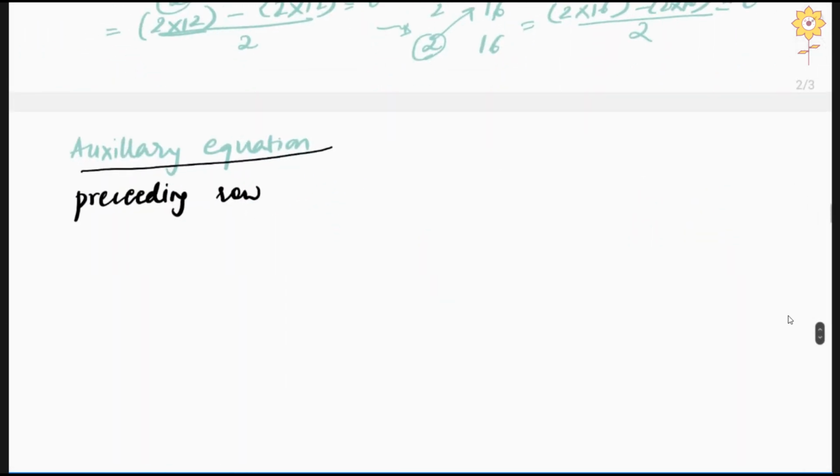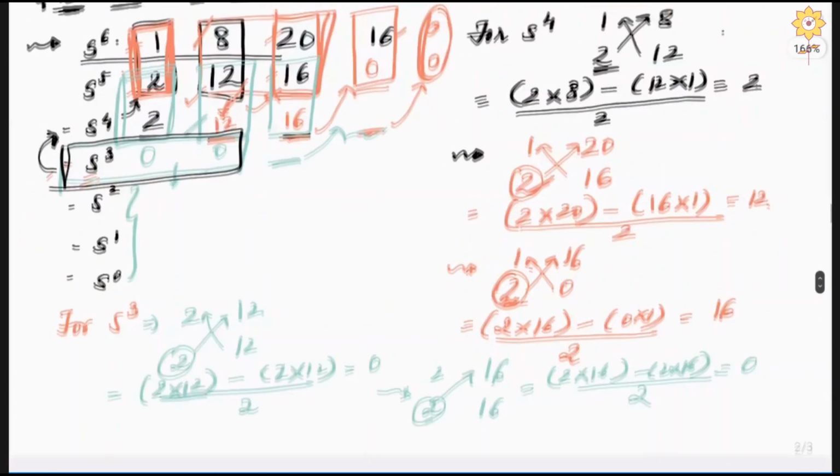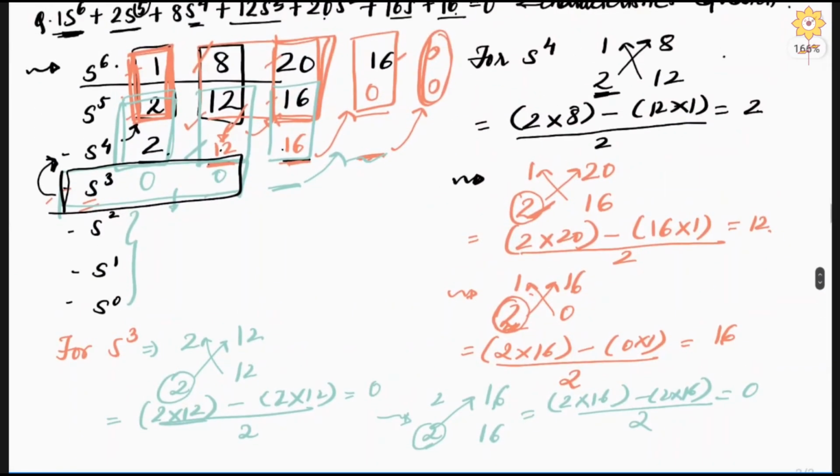So, we will write it down. S raised to 4 is what? We had the values 2, 12 and 16, right, 2, 12 and 16.